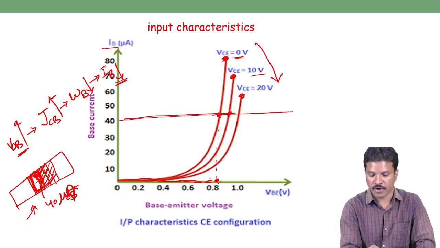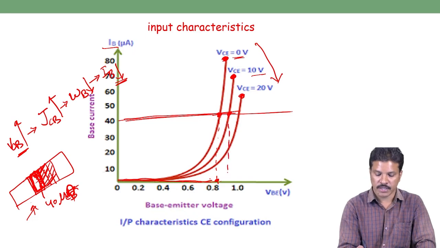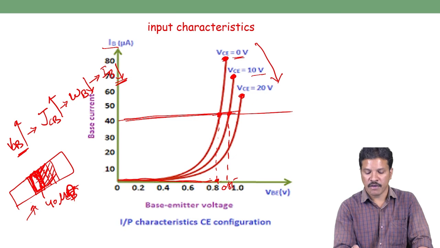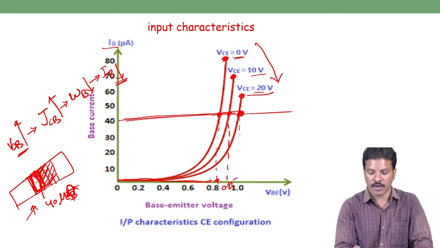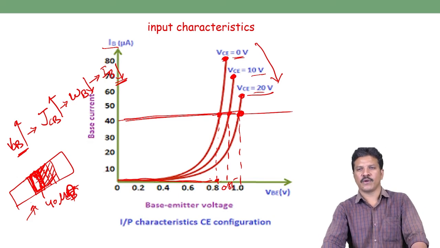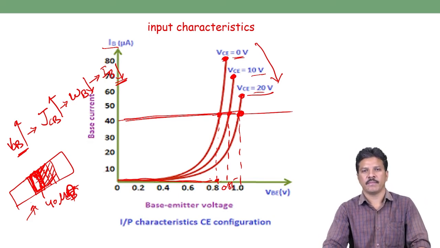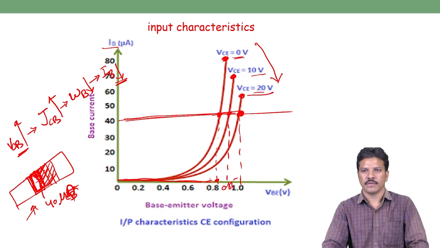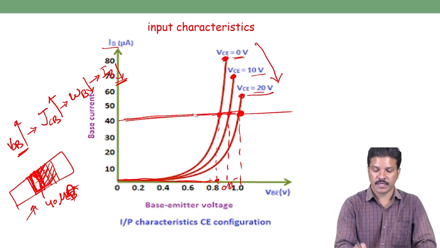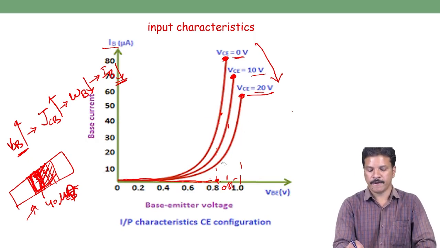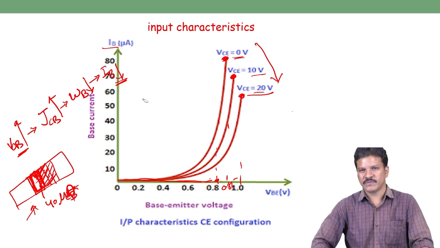For this one it is 0.85 or something else. The same 40 microampere for this curve, VC equal to 20, you will get at almost 1 volt. It requires 1 volt to get the same current because base width is reduced. So that's why this curve moves right side due to base width modulation or early effect.